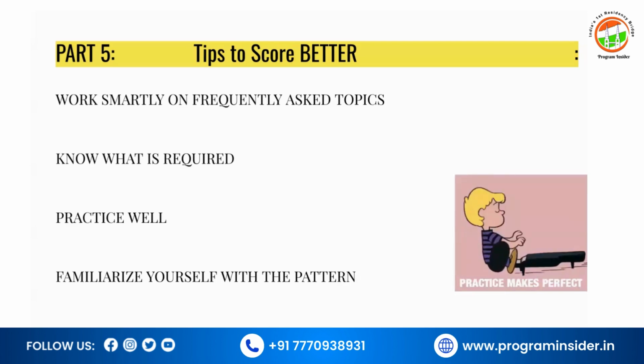So work smartly on frequently asked topics, which you will gain from resources like the Mehlman's risk review PDFs, and you'll get to know that these are the frequently asked topics. Know what is required and practice well from the resources that I told. And last but not the least, familiarize yourself with the pattern. Revise your CCS cases, make the cheat sheets, because after all, 40% of your marks is attributed to CCS cases.